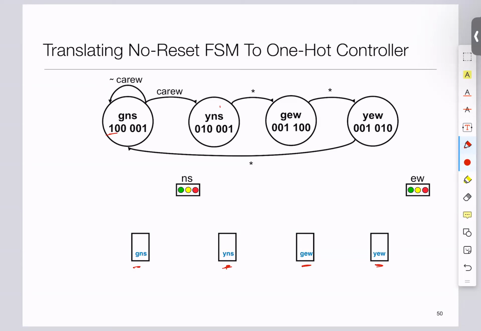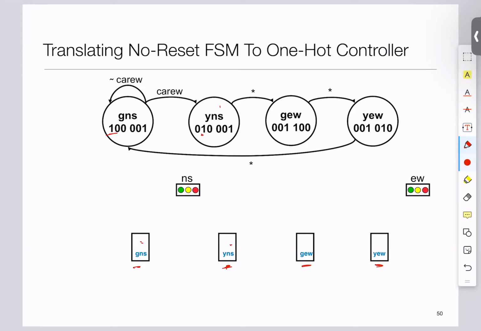So the green light for north-south can just take the output of the GNS flip-flop. Right? It is 1 only then. What about the yellow light? Yellow light is 1 for north-south when I am in this state. So there is a one-to-one mapping between some of the lights and some of the flip-flops.